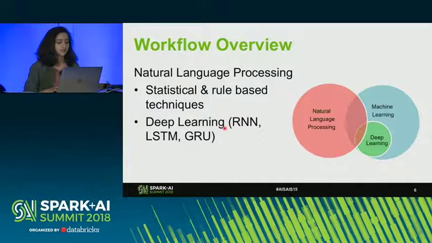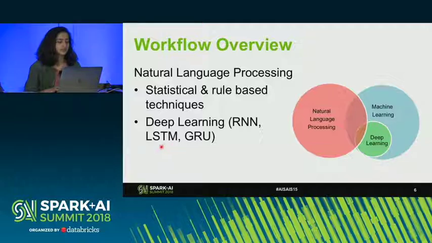For deep learning, we have three mostly used neural networks. We have RNNs, which are recurrent neural networks. They use the previous output at each node, combining the previous output of that node with the current input. Then we have LSTMs, which are long short-term memory.